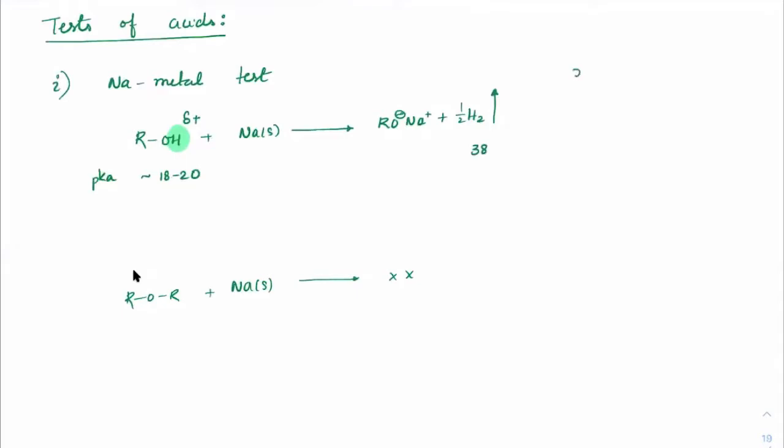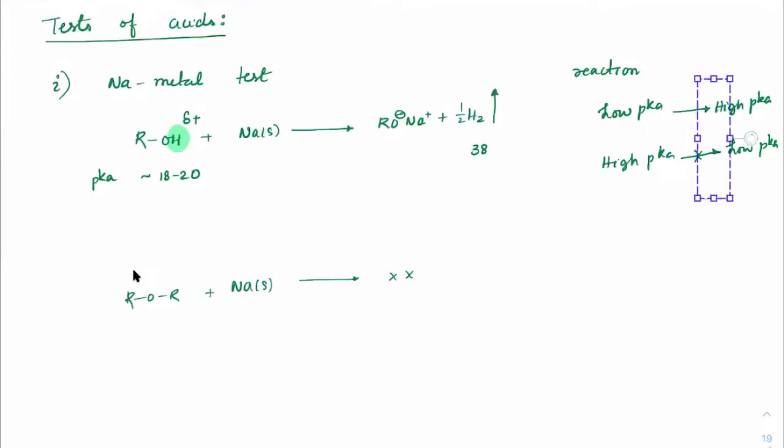Always remember, a reaction will always drive from low pK value towards high pK value. But a high pK value will not go towards low pK value. Please remember this.